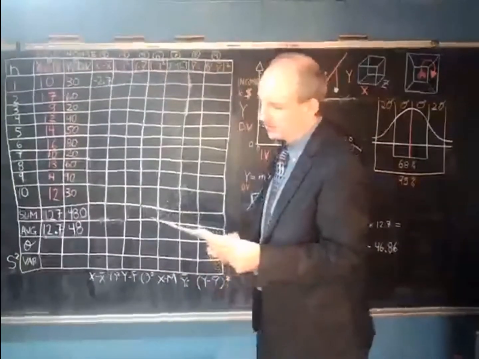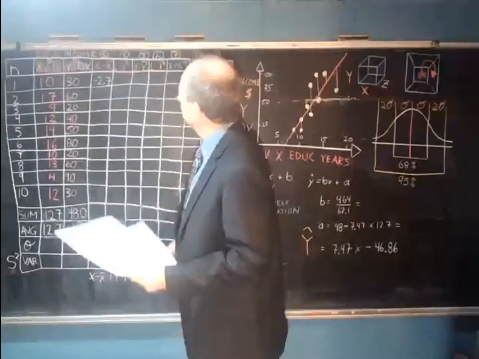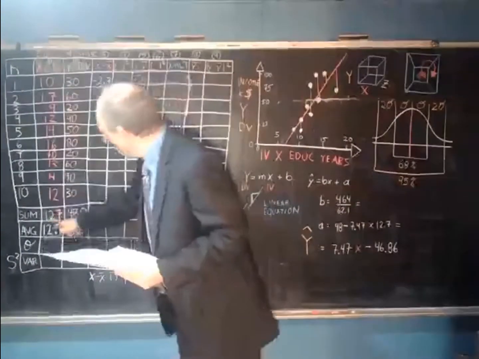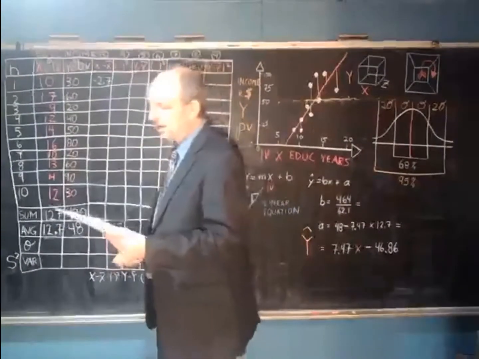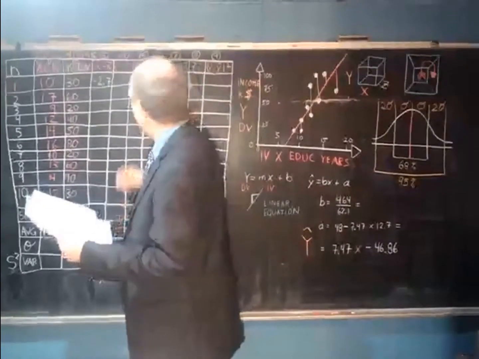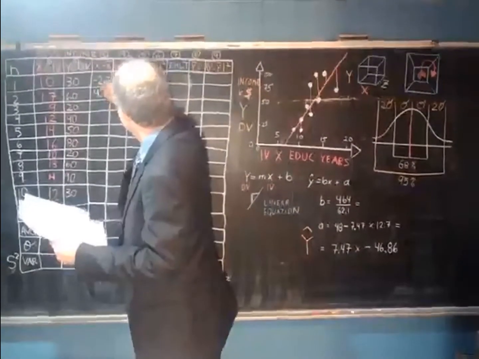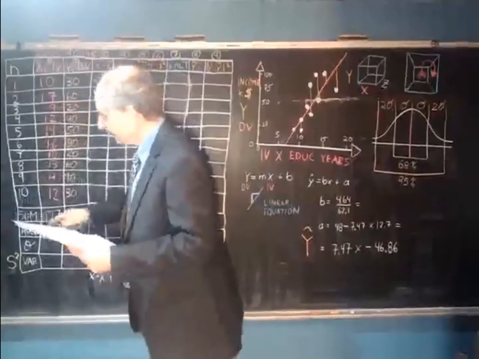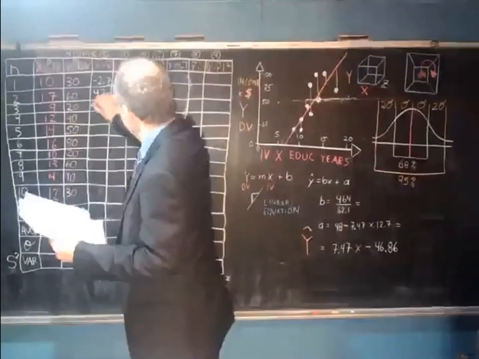Now, of course, I've pre-calculated all the other values. So here you would have 17 minus 12.7, which is going to give us 4.3. And then 9 minus 12.7, which is going to give us minus 3.7.